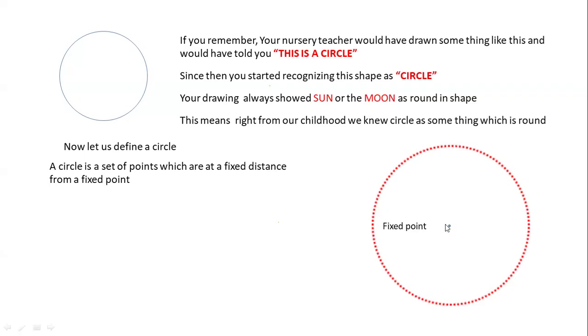it has a fixed point. The fixed point is called the center of the circle. This is called the center. This is the distance of the point from the center, and that is a fixed distance.